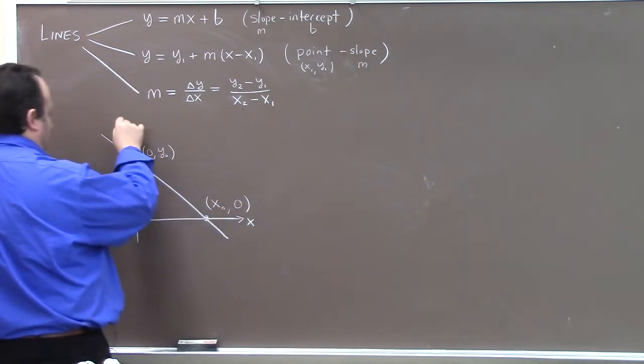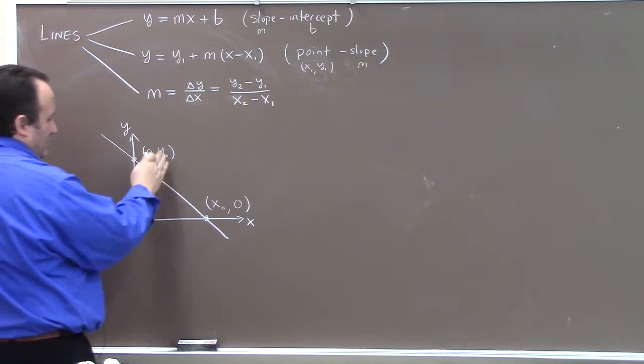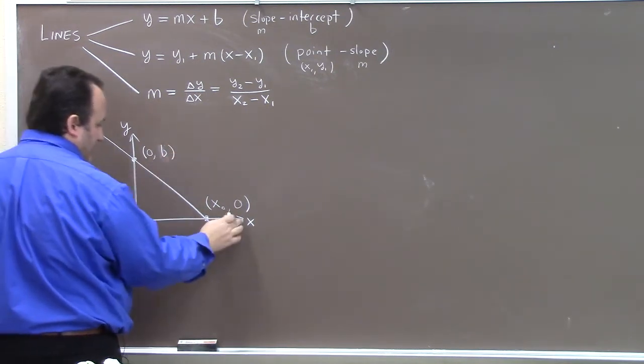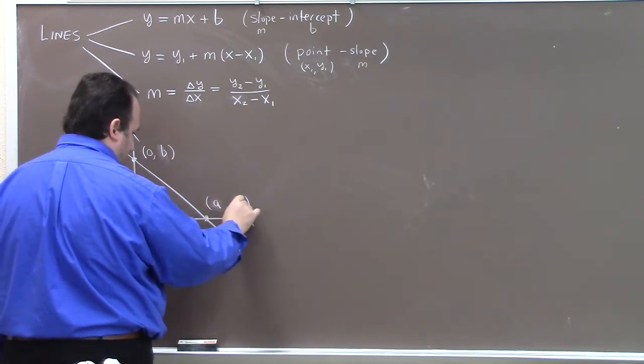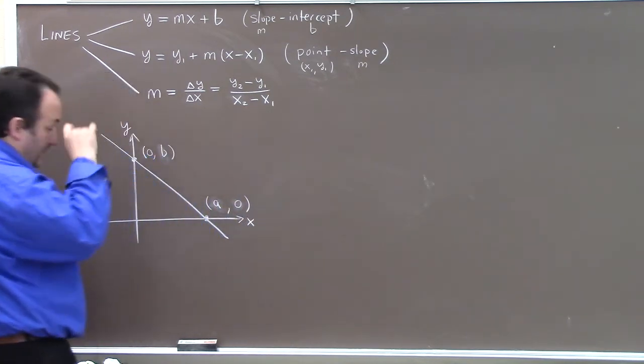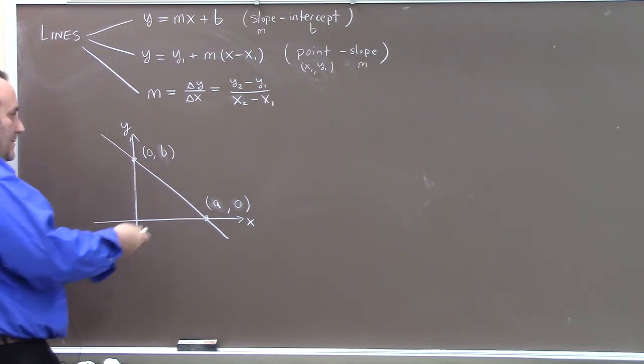Just to give them names. Or if you like, I could use a and b. Let me use a and b. Yeah, okay, that's our usual. There, all right? So what's the equation for this line?